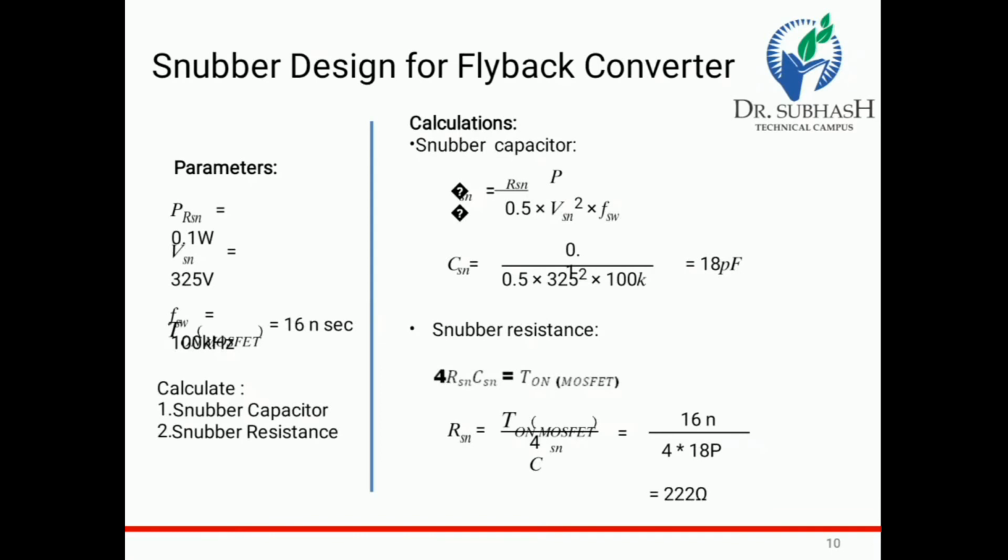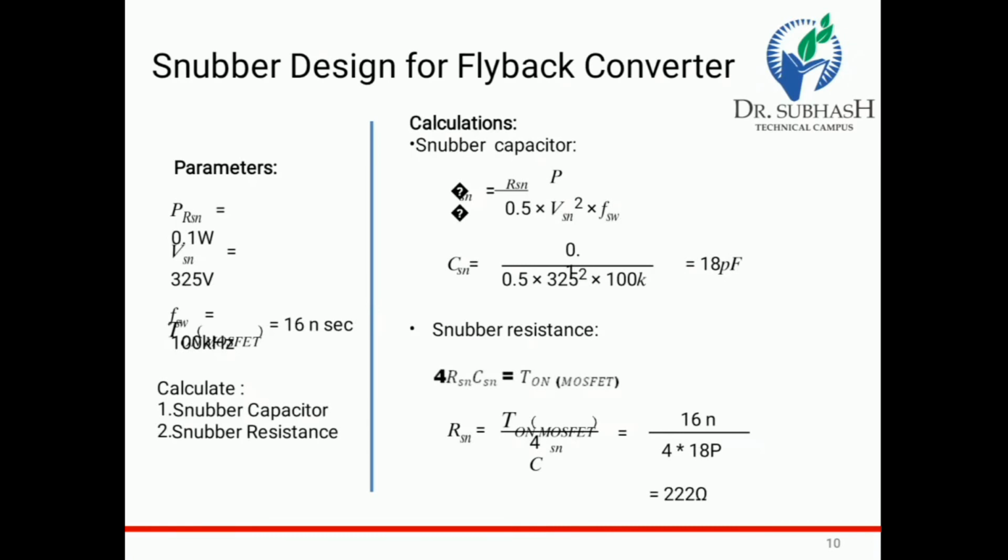Similarly, we can calculate the snubber resistance. The equation is 4 times Rs times Cs equal to T on of the MOSFET. The MOSFET has a turn on condition and an off condition, so we are calculating the turn on condition. So Rsn equals T on of the MOSFET divided by 4 times the snubber capacitance Cs.